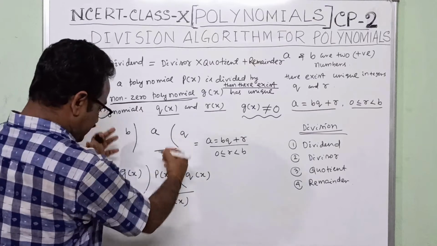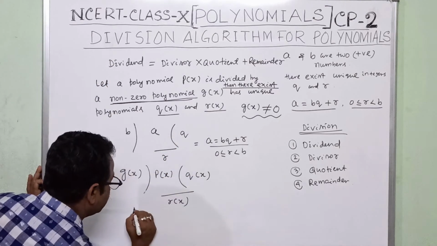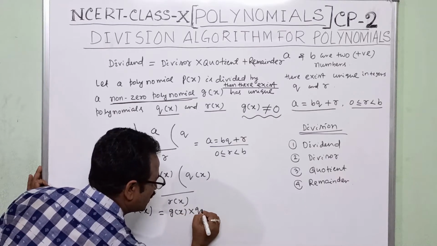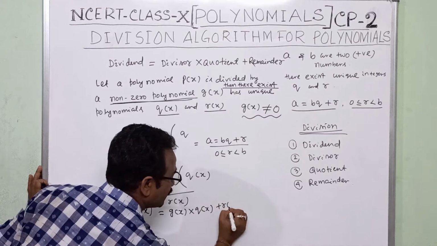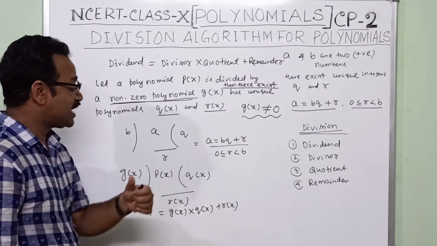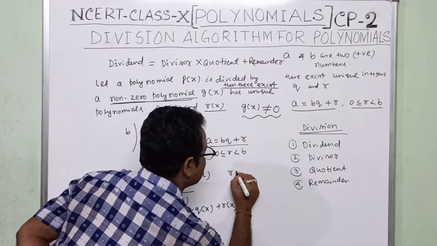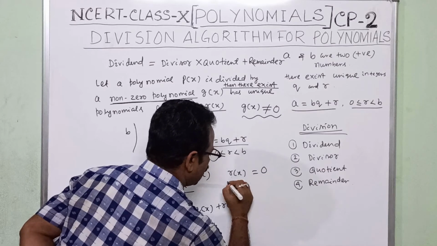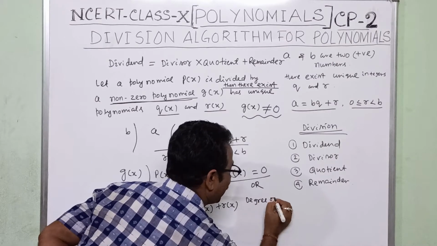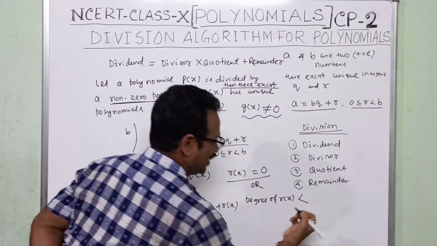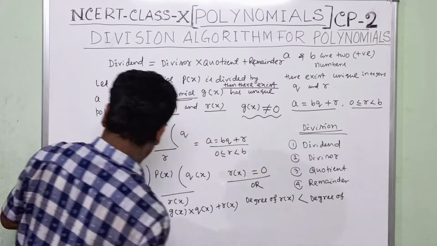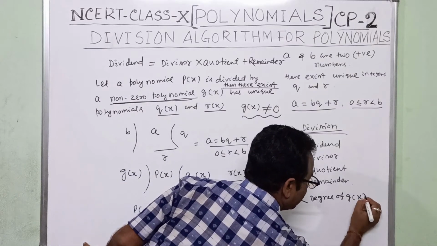So we can write this relation: p(x) is equal to g(x) into q(x) plus r(x), where r(x) is equal to 0 or degree of r(x) is always less than degree of g(x).